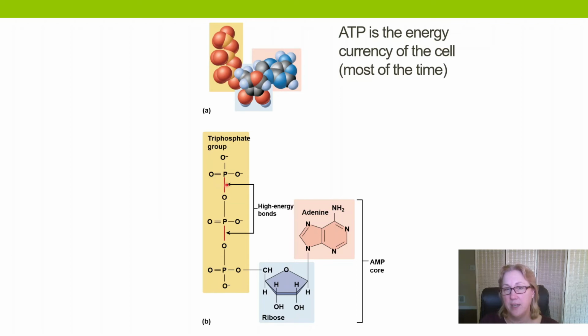So 1 phosphate can be removed, then the second phosphate can be removed, or they both can be removed at the same time to release a little bit larger packet of energy. But that's how we use ATP. And GTP is used the same way. GTP has a slightly higher amount of stored energy, so that's probably why it's used for certain reactions.